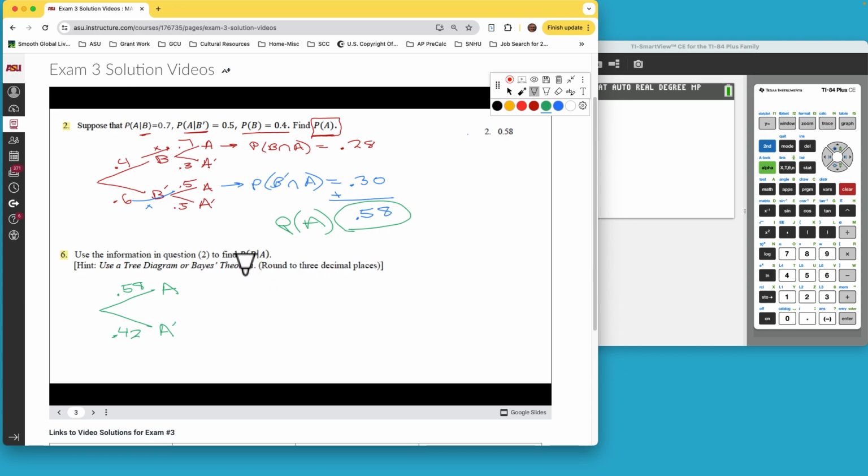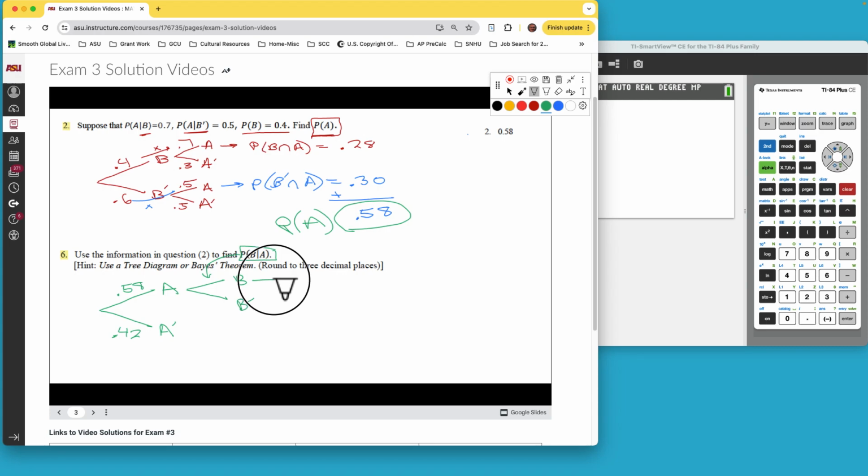Now, what are we trying to find? Given that A happened, we're only interested in this: what is the probability that B happened? There's not B down here, but we don't know this part. If we did, we'd take 0.58 times this and we'd get this.